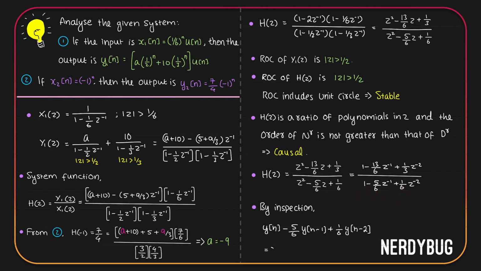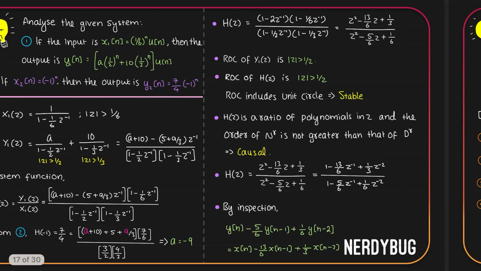This will be equal to x(n) minus 13 by 6 x(n minus 1) plus 1 by 3 x(n minus 2). I got the coefficients of x(n minus 1) and x(n minus 2) from the numerator of H(z): 1 minus 13 by 6 and plus 1 by 3.